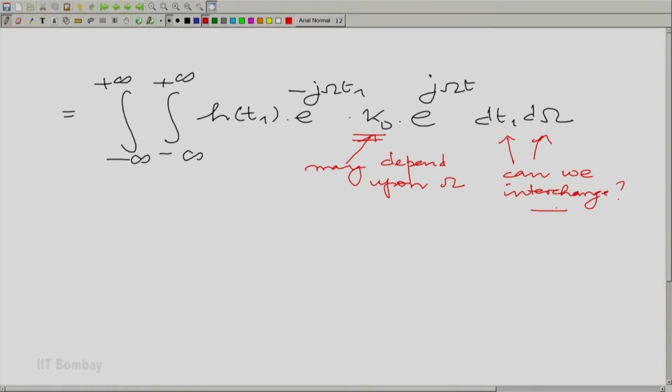Now, a word here. If one wants to be very rigorous about dealing with such double infinite integrals, one has to take recourse to certain fundamental principles in real analysis and functional analysis. I am not doing that here, because I am not really trying to be that rigorous in dealing with these integrals. I just want to give a functional understanding of the whole argument.